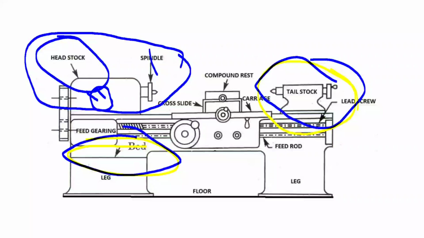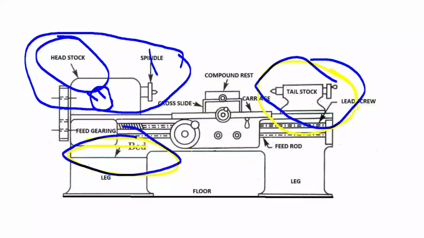Tailstock is situated at the right hand end of the bed and can be moved on the inner way of the bed. Where is it situated? It is situated in the right end of the bed. And where was the headstock situated? It was situated in the left end of the bed.